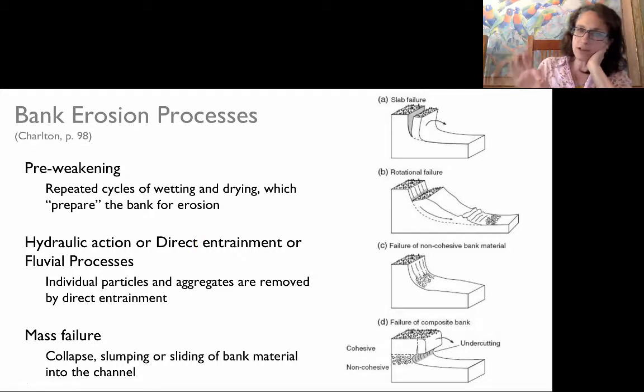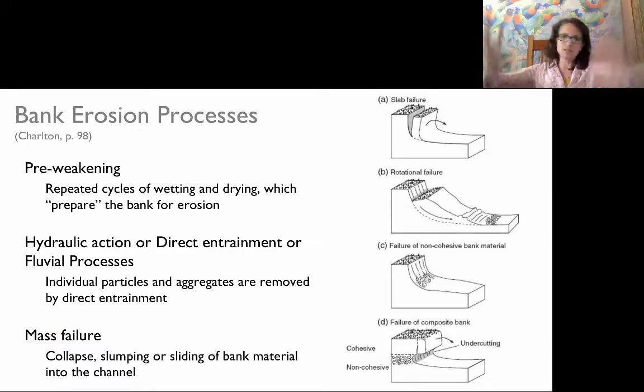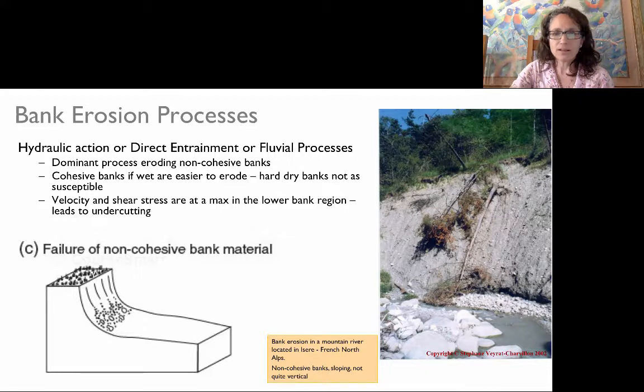So this is what we've been talking about that we estimate, right, with Hjulstrom's diagram or with the Shields equation, where you get enough energy in the flow, enough shear stress, that you can actually start mobilizing the particles. And if you start mobilizing the particles on your bank line, then you're causing bank erosion, right? So just direct entrainment, or it's also referred to as hydraulic action. And then the third process is mass failure. So this is when big chunks of the bank actually just collapse and fail. So we'll look at the different processes.